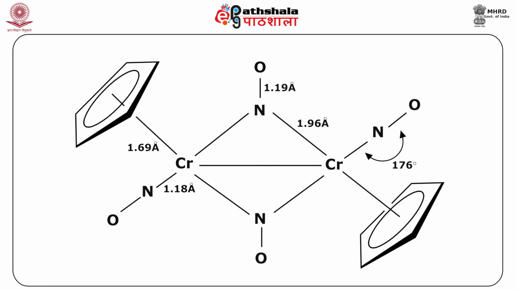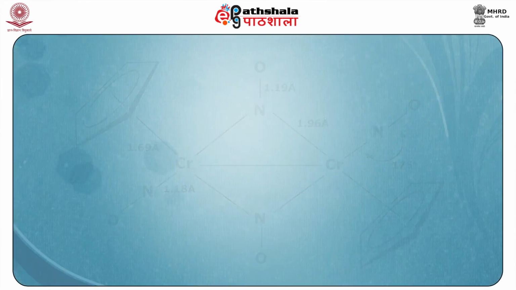Here we can see one of the nitrosyls is in linear mode, whereas the other nitrosyls are in bridging bonding modes, bonding to both the chromium atoms. The bond lengths can be seen where the linear nitrosyl metal bond length is 1.18 angstrom, whereas the bridging mode nitrosyl has a bond length of 1.19 angstrom. We can also see the bond angles.